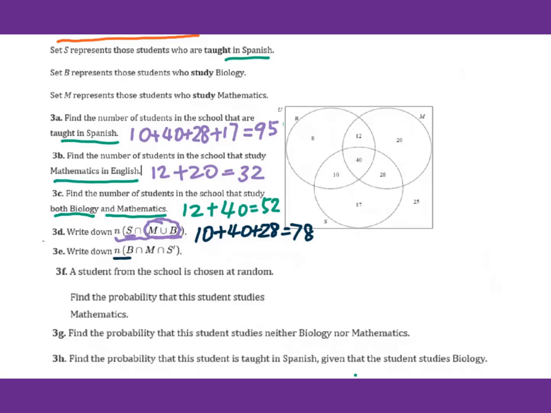Now let's go to 3E. Write down the number of elements in this. Since this is all intersection, no parentheses, we can work on B intersect M. We know it's this area.